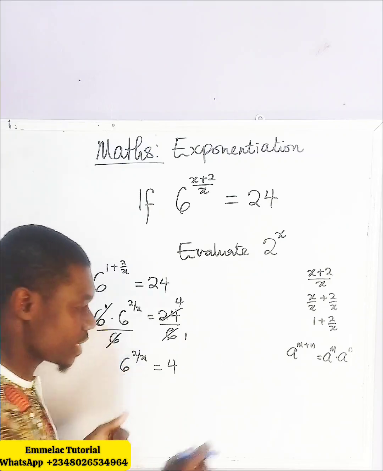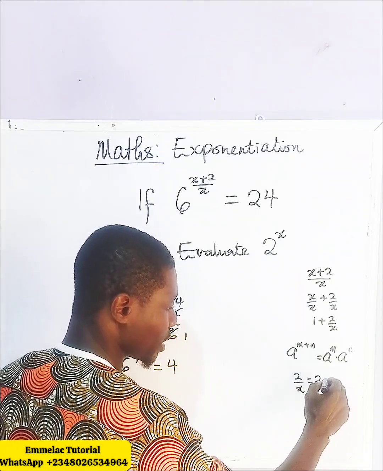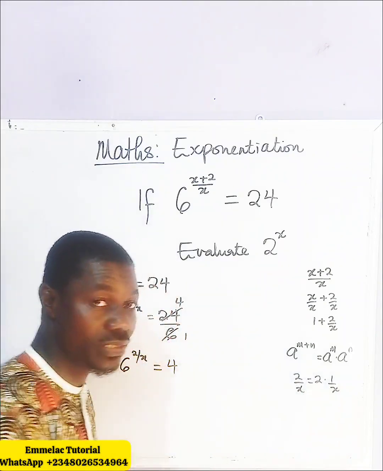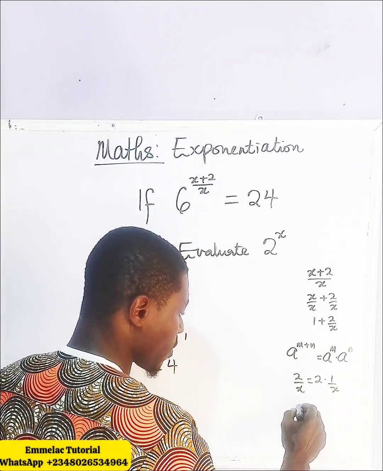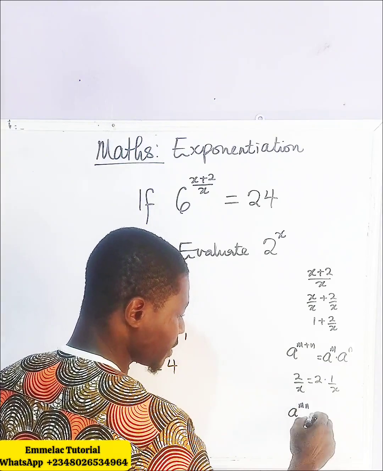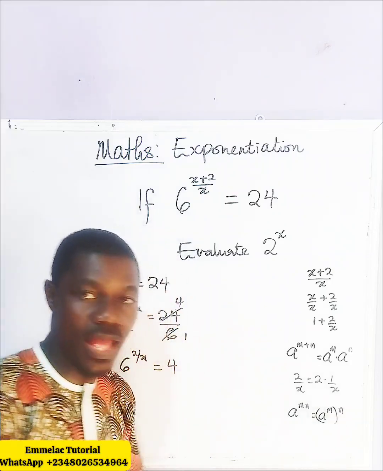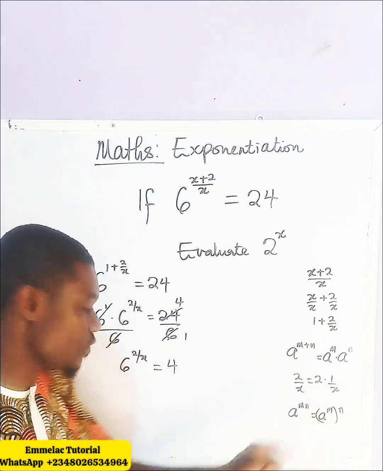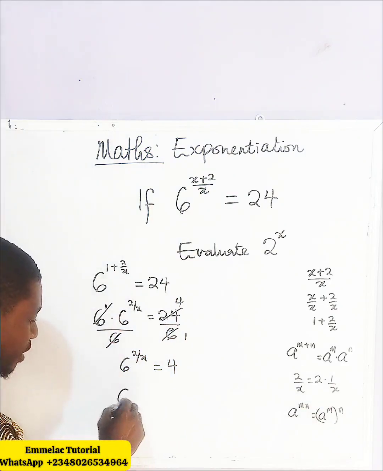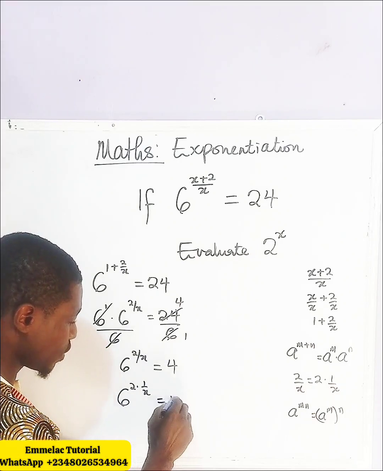2/x can be written as 2 times 1/x. Let's also take note that a raised to the power of mn is the same thing as a raised to the power of m, all raised to the power of n. First, let us split this exponent into this form, which gives us 6 raised to the power of 2 times 1/x equals 4.